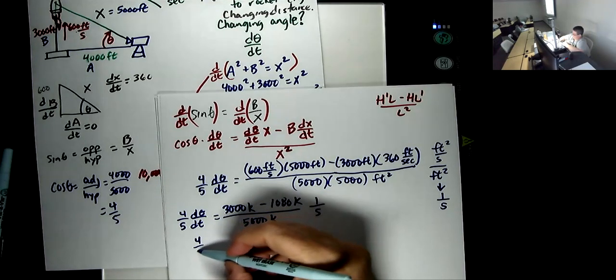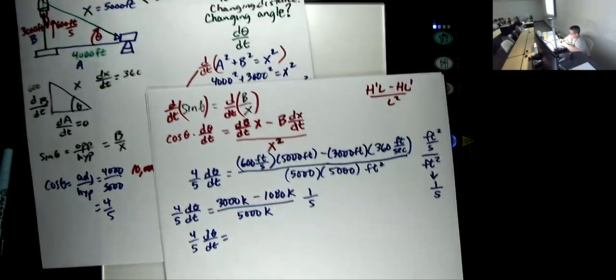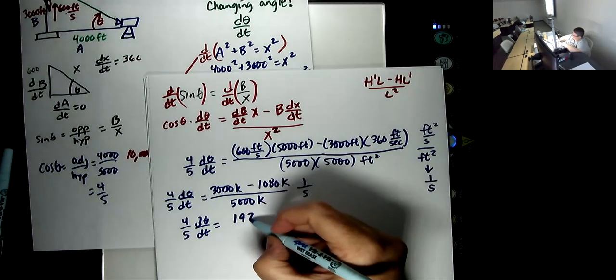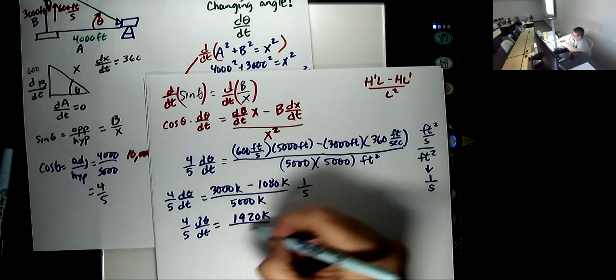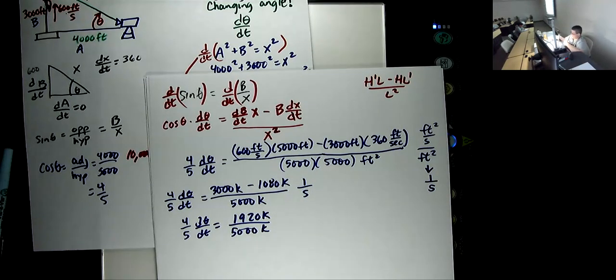I can do part of that in my head. 3,000 minus 1,080 is going to be 1,920 K divided by 5,000 K. The K's cancel.